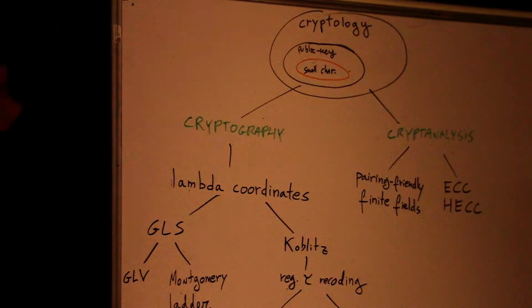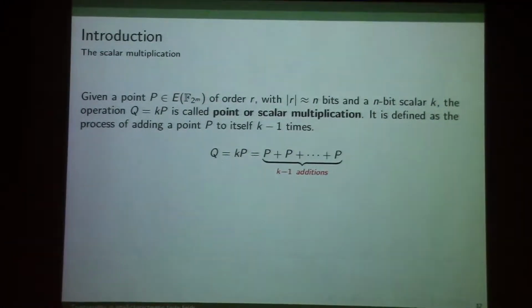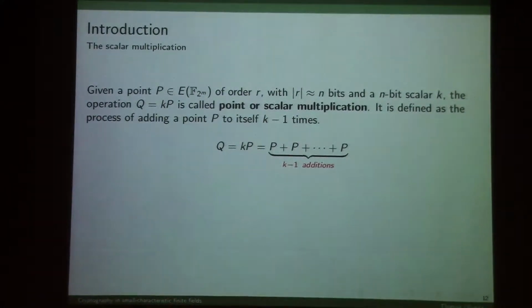First, let's briefly introduce scalar multiplication. We have a point in an elliptic curve of order r, where the size of r is about n bits, and the operation Q equals k times P is called point or scalar multiplication. It is defined as adding the point to itself k minus 1 times.